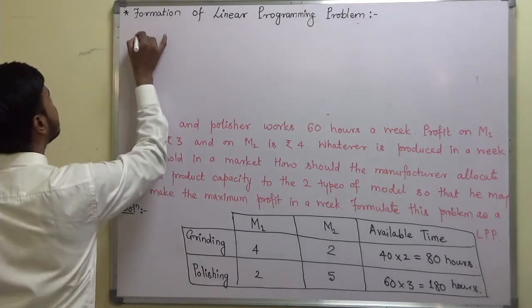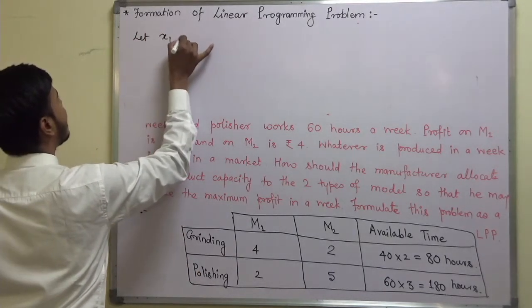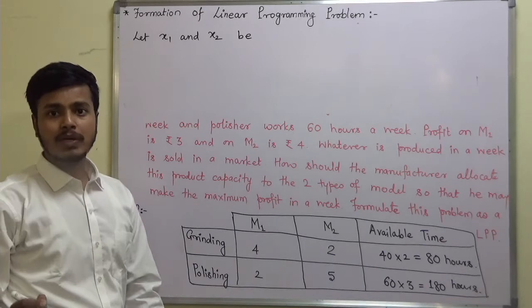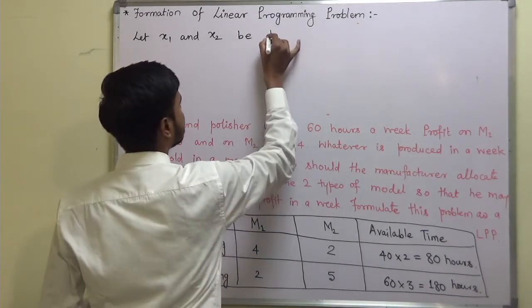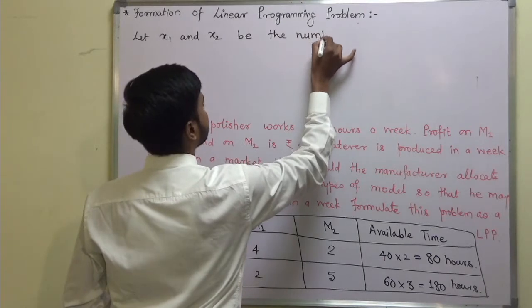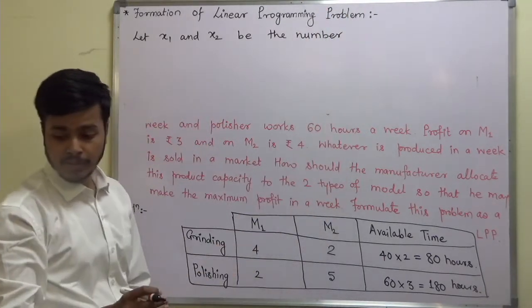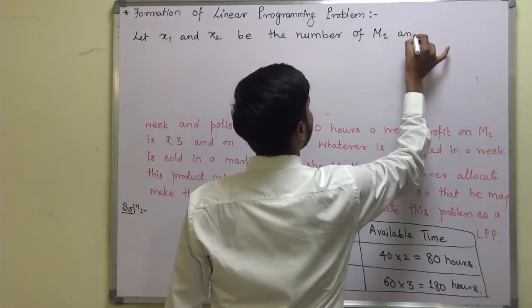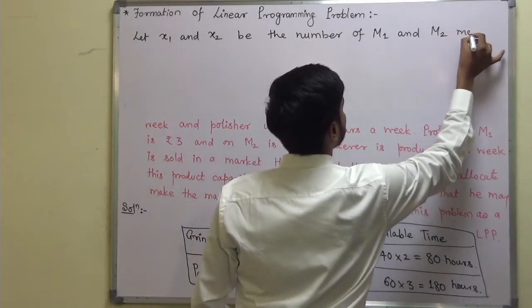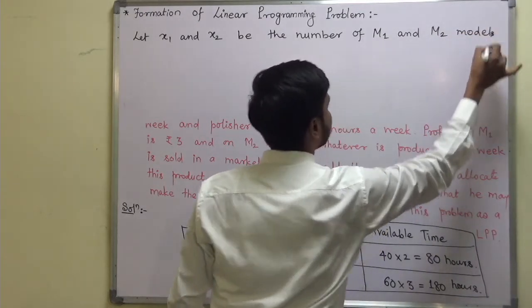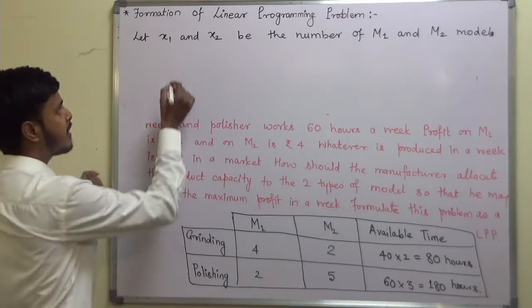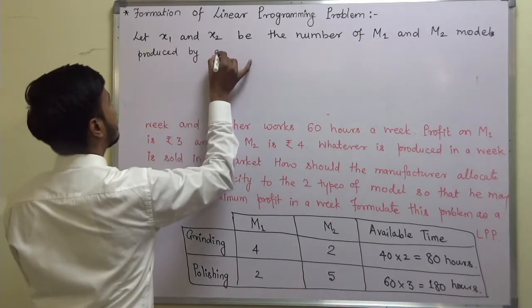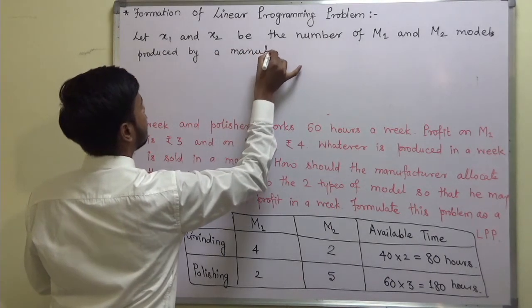Let x1 and x2 be the number of M1 and M2 models produced by a manufacturer.